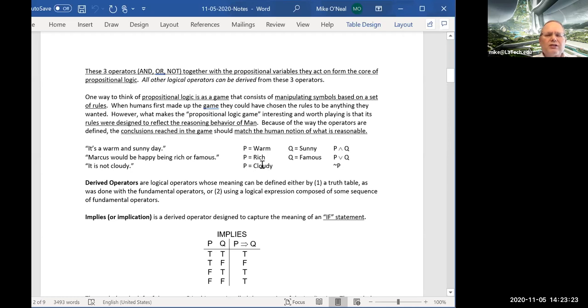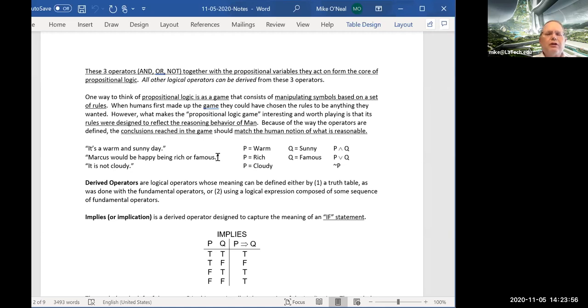Now you might say, well, what about this Marcus? He's not in here. That's true. We will study a logic either next lecture or the lecture after that that allows us to do quantification, so you can talk about groups using what are called quantifiers.